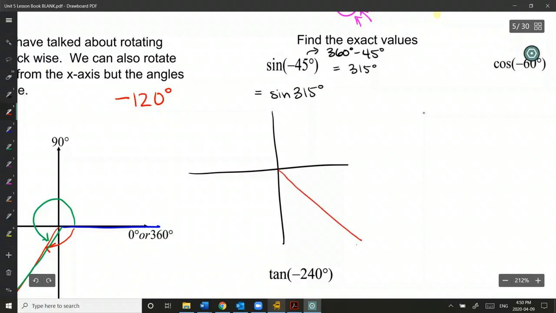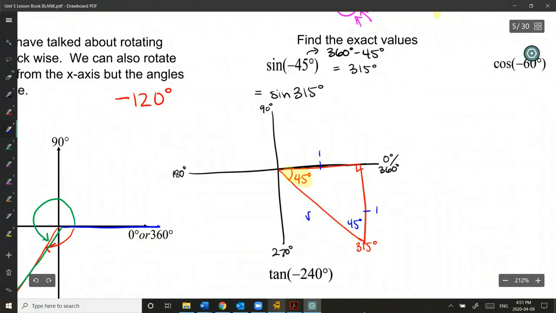We actually drew this in our previous example here, so I'm just going to write it out. I will find the reference angle, which is the angle between 315 and the closest x-axis, which would be 360. So we already found that in the previous example. Here is our reference. Let's complete the triangle based on our special triangle information.